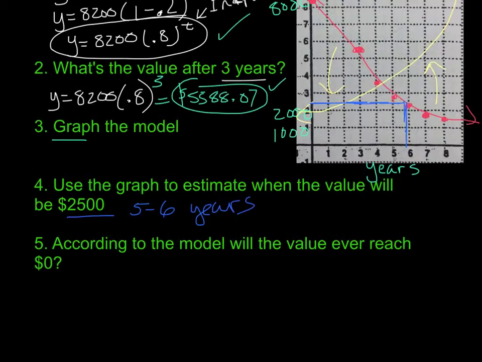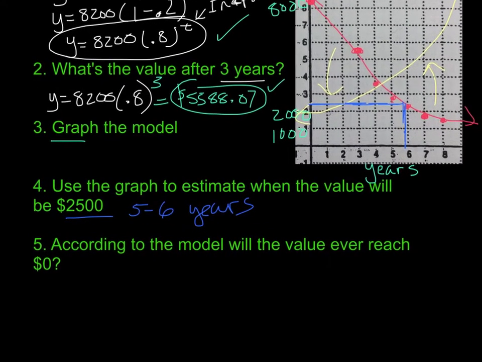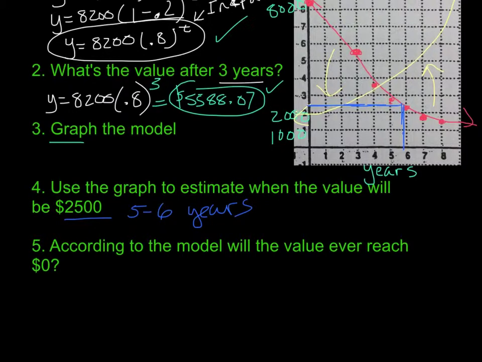But you know, we've got out to 8 years. I wonder what it would be worth after like 20 years. So what if we did y equals 8,200 times 0.8 to the 20. I wonder what we would get. And I get that after 20 years, according to this, it's still worth about $94.